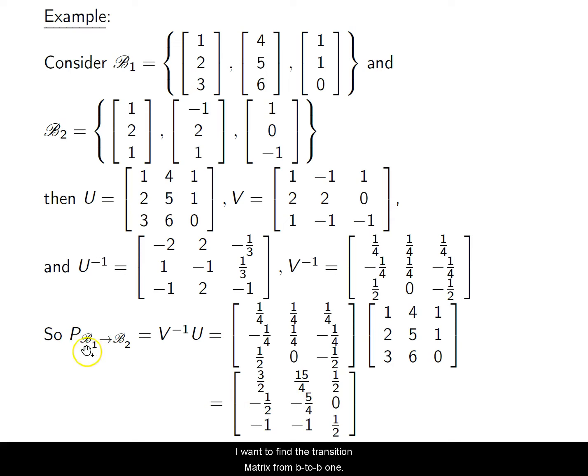Now if I want to find the transition matrix from B2 to B1, I would just find the inverse of the matrix I just found. That's the easiest way to go from one transition matrix to the next. Find one, and once you find one, find its inverse, and then you have the other.